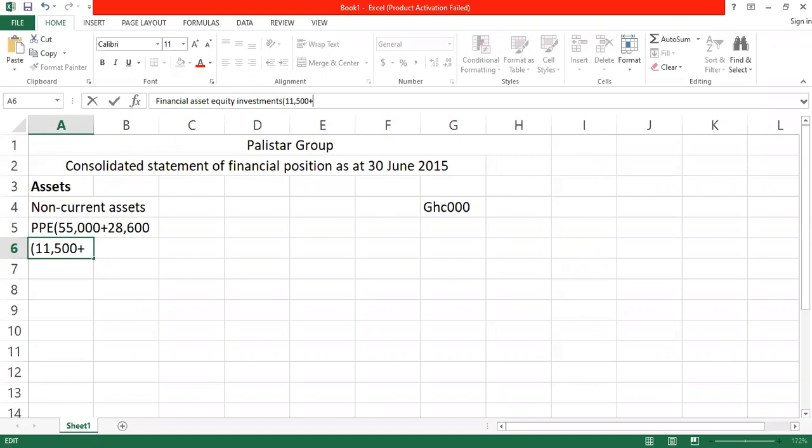No, this financial asset is different from the investment itself. The financial assets are other instruments that the parent is carrying using financial instruments. But if it is the investment, they will say investment in subsidiary or investment in associate. The question will tell you. So this financial asset is different from the investment that they are making in the subsidiary.